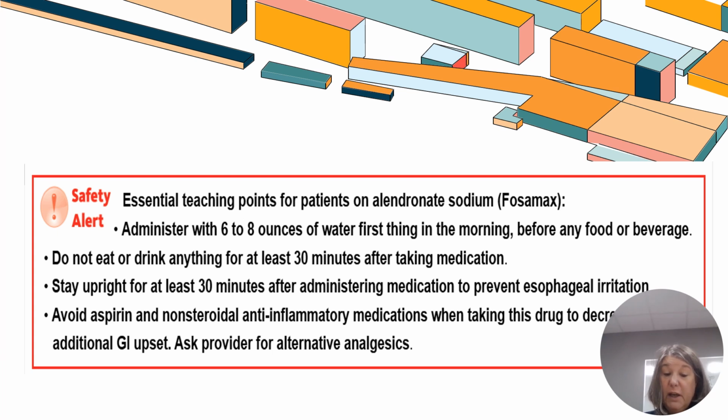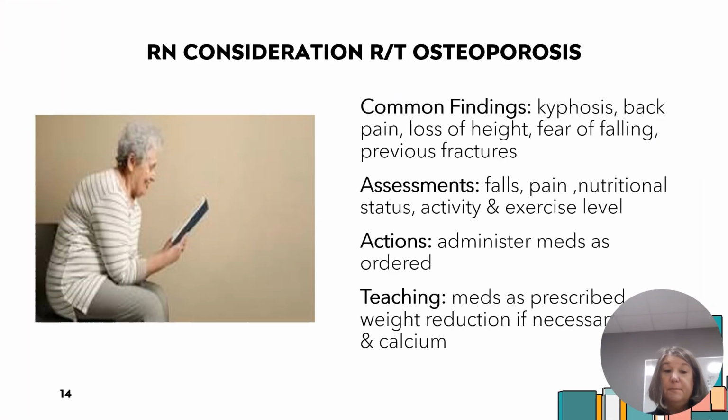Do not eat or drink anything for at least 30 minutes after taking the med. Stay upright for at least 30 minutes after taking the med to prevent esophageal irritation, right? So it refluxing on you. Avoid aspirin and NSAIDs when taking this drug to decrease additional GI upset, and consult your physician for alternative analgesics.